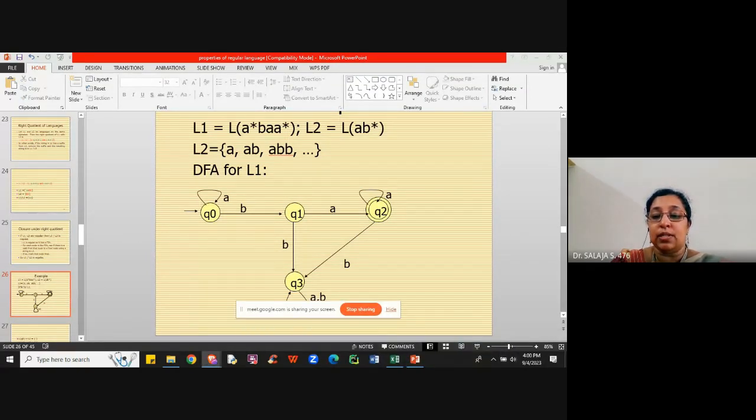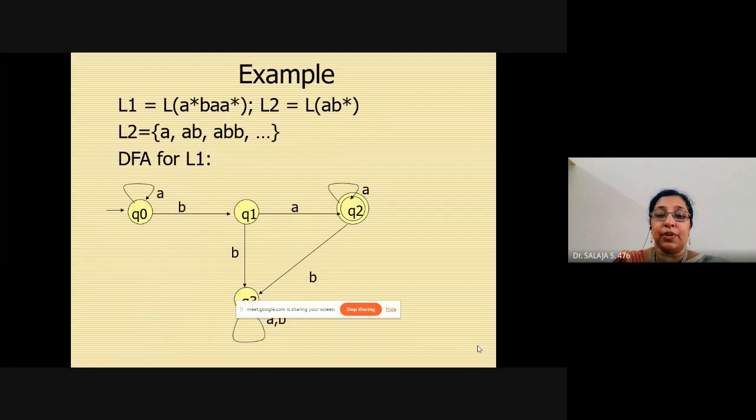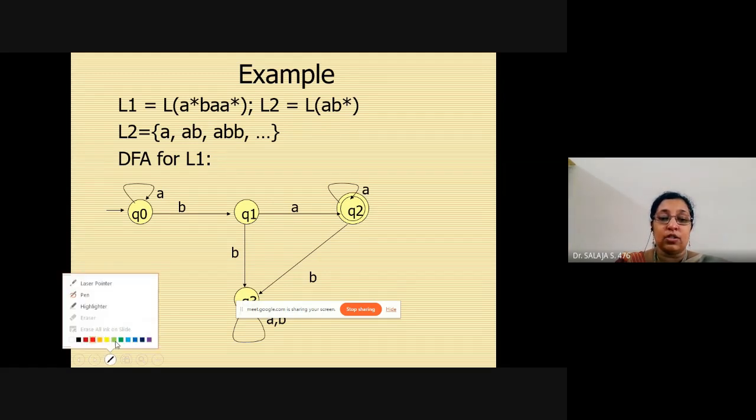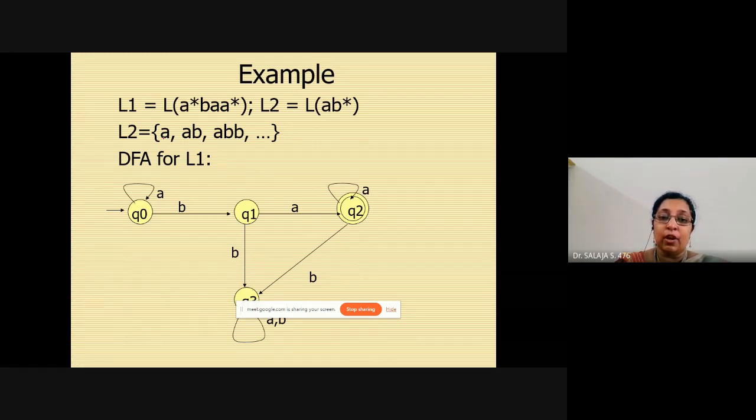Given L1's diagram, we'll try to figure out the new final states. That is what it means. So we'll try to generate the strings of L2. The strings of L2 for AB closure can be A, AB, ABB, and so on.